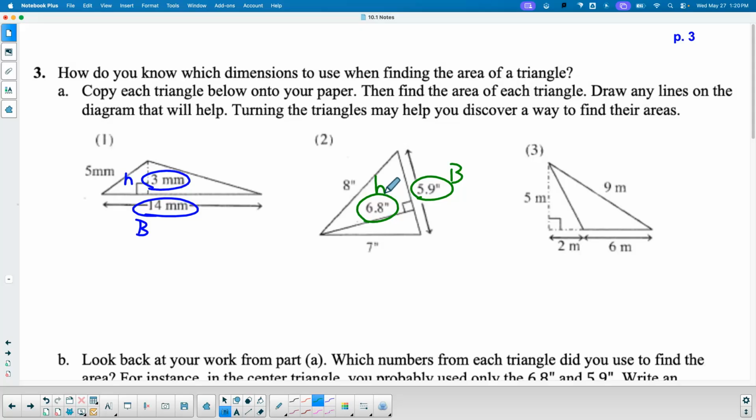Okay. Which of those dimensions in number 3 is the base? 8 is not part of the triangle. So which one is the base? What do you mean both? It can only be one. It can only be one number as the base. 6 is the base, because it's part of the triangle.